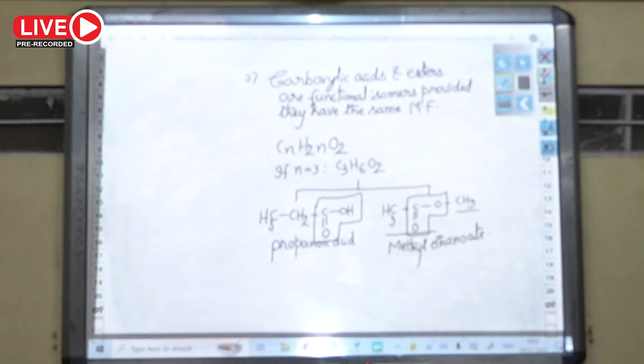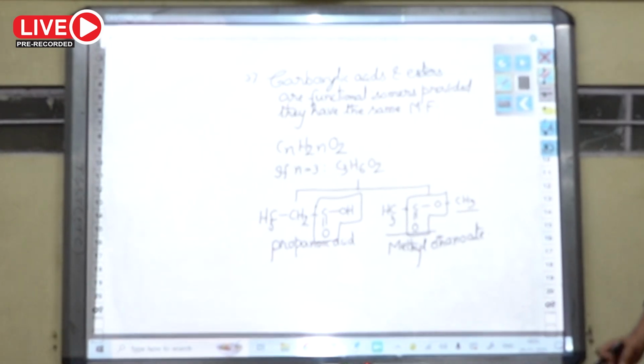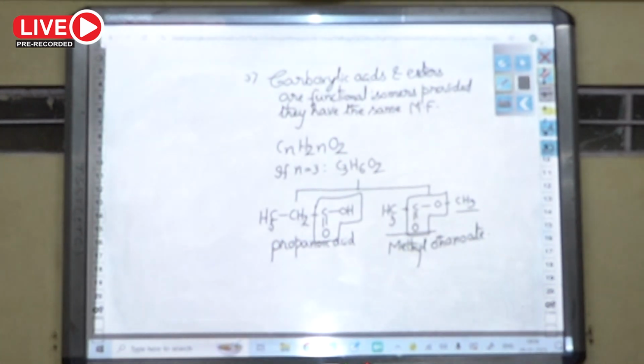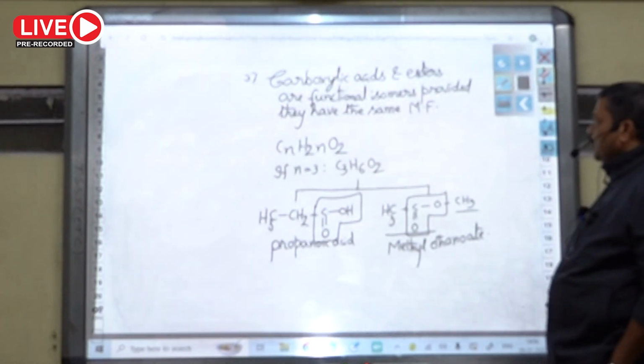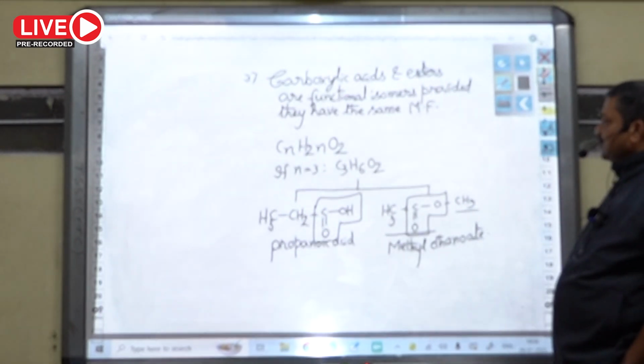Most of the fruity flavors, the ice creams which you are eating, are added with artificial esters. So vanilla ice cream really does not contain vanilla extracted from the plant. Some essence is added. So esters are flavoring agents. So carboxylic acids and esters.